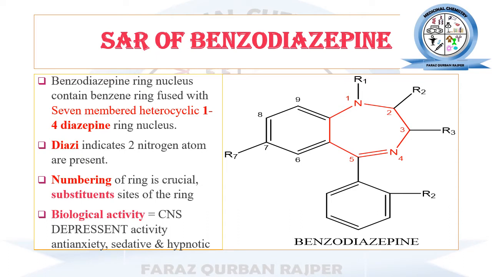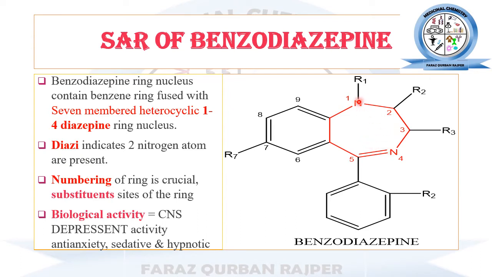The benzodiazepine ring nucleus basically consists of two main rings. One is the benzene ring, that is the aromatic ring, and it is fused with the heterocyclic 1,4-diazepine ring. This one is the benzene ring and it is fused with this 1,4-diazepine ring.